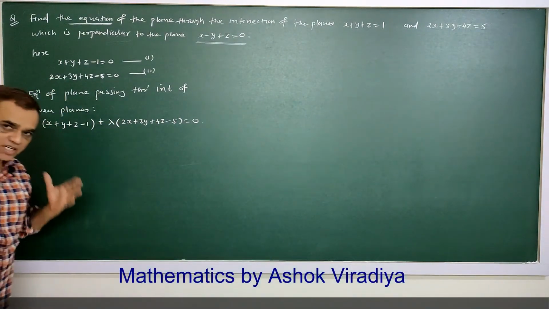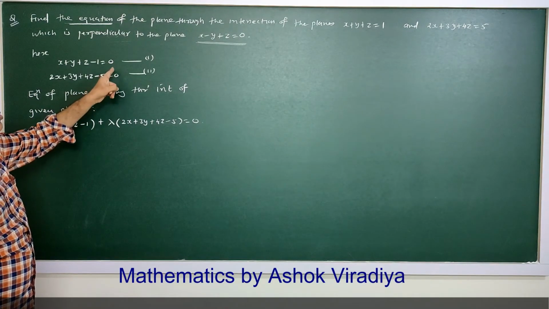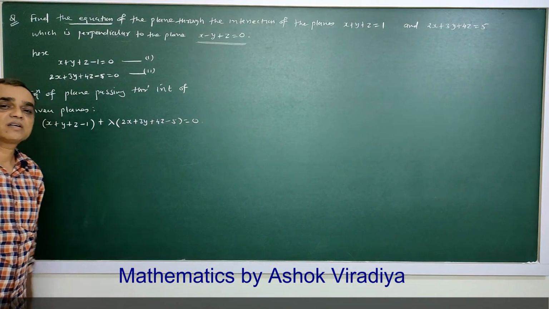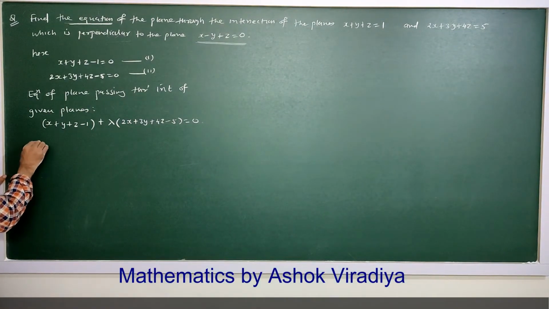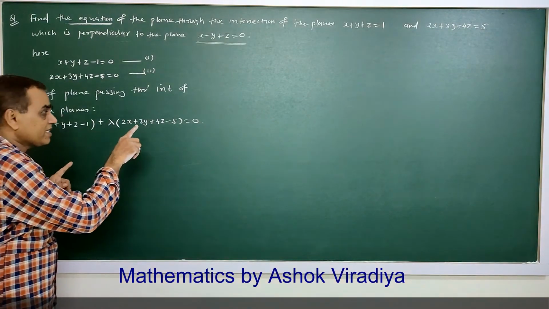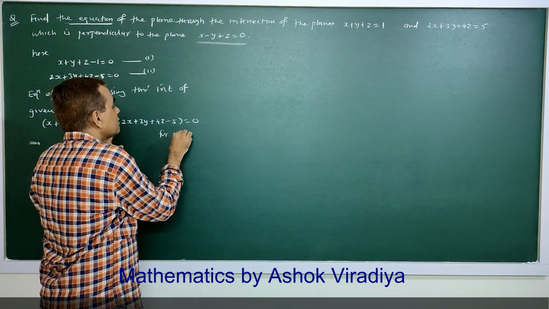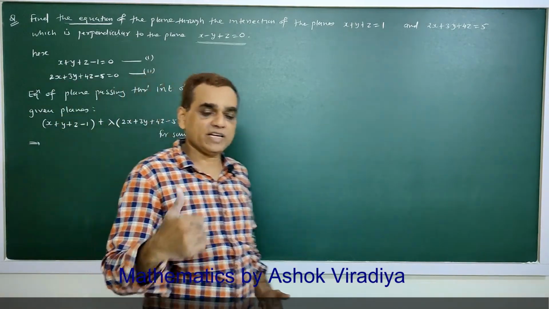Whenever we use this result, always remember the RHS must be 0. Here 0 is a must. Then and only then can you use this Cartesian form result. So now the required plane will be the plane for some particular value of lambda. For some lambda belonging to R, it will be the required plane.